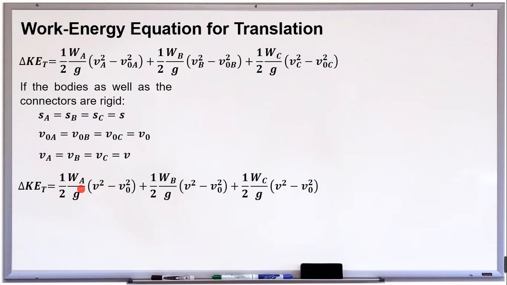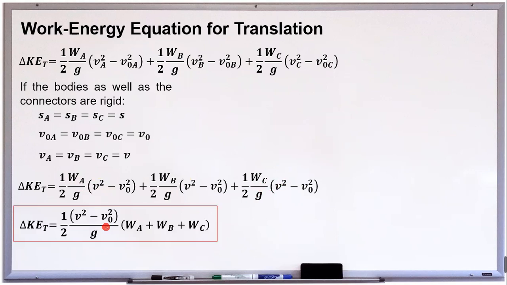So for the first term, this one is for block A, for the second term for block B, and for the third term, this one is for block C. Now, for the total change in the kinetic energy of the system, since the difference in the velocities for all terms is the same, we can factor this one as well as the 1/2 times 1 over g.